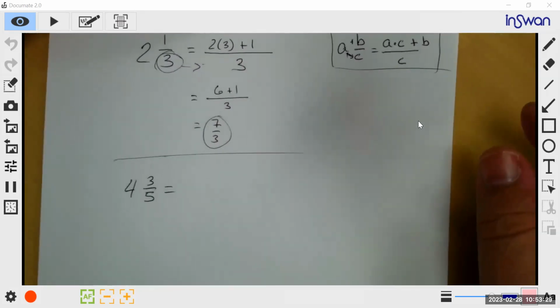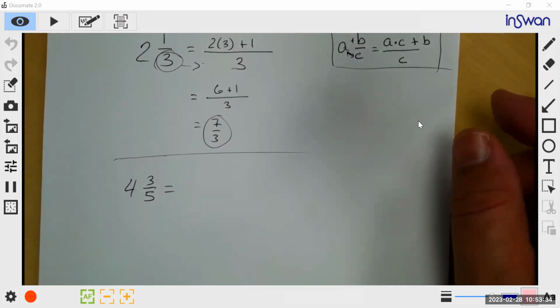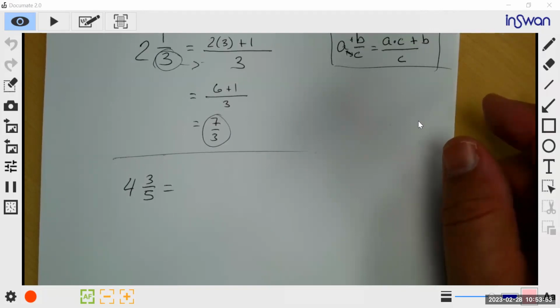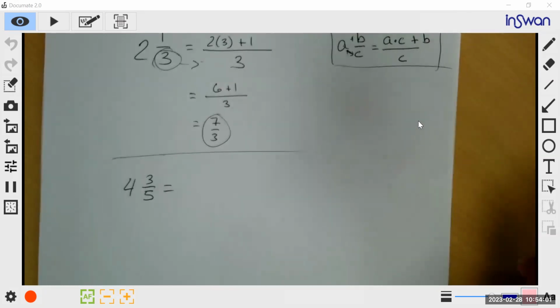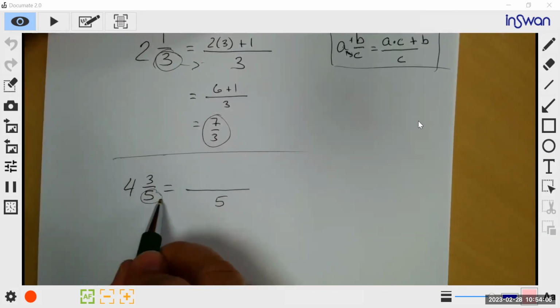Convert this one. 5 goes on the bottom, that one has to stay on the bottom.